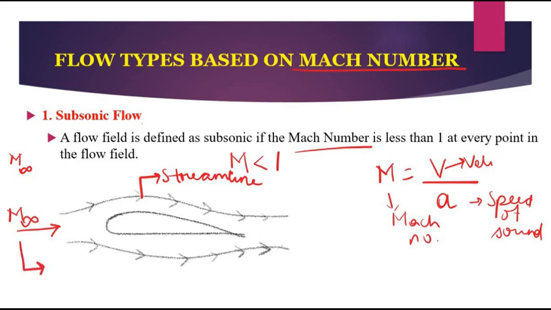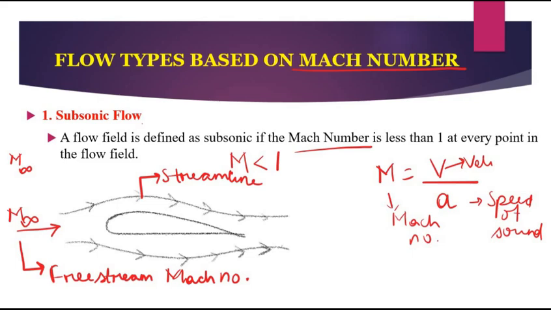This M infinity we call the free stream Mach number. The air is coming with some free stream Mach number towards my airfoil.